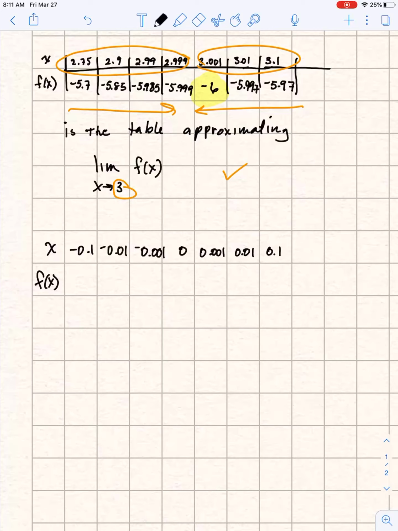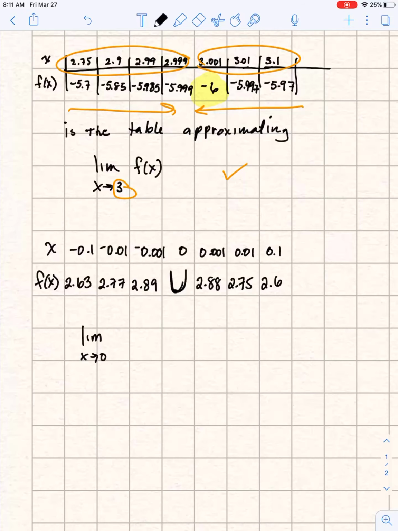And then let's do something like this: 2.63, 2.77, 2.89, undefined, so I'm going to put a big U, undefined. And then let's do this one, 2.88, 2.75, and 2.6.